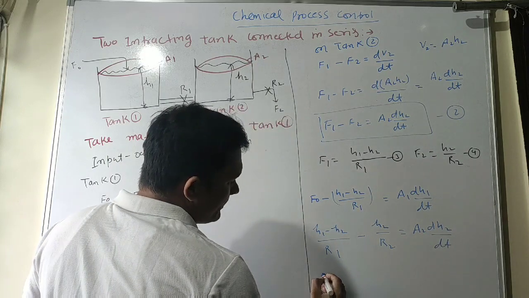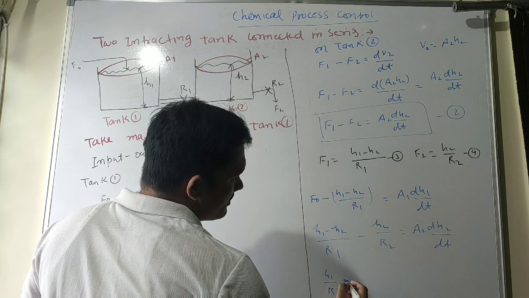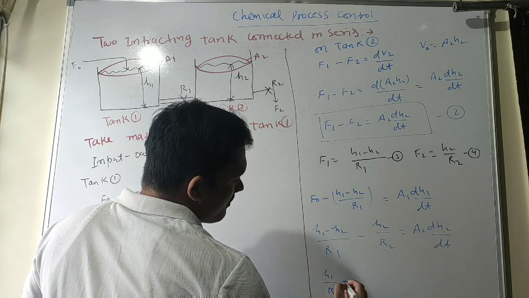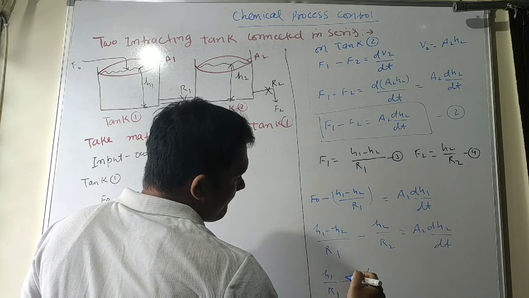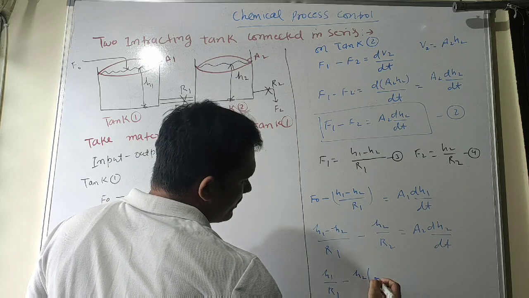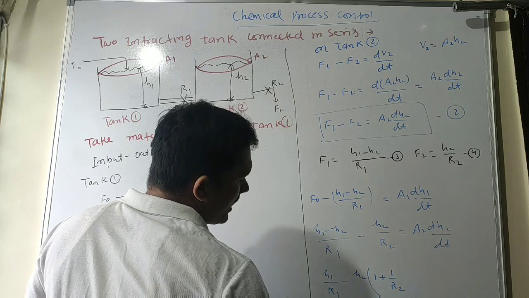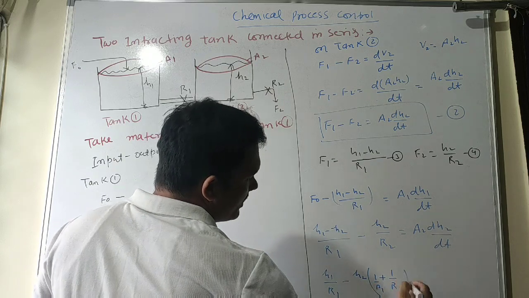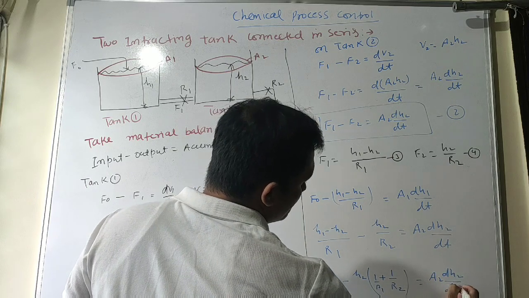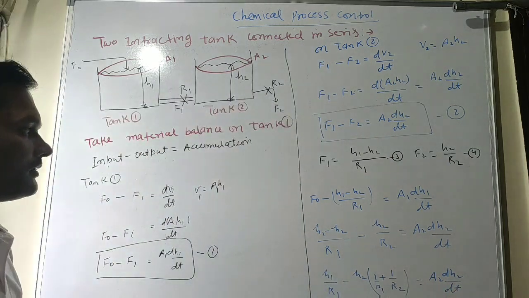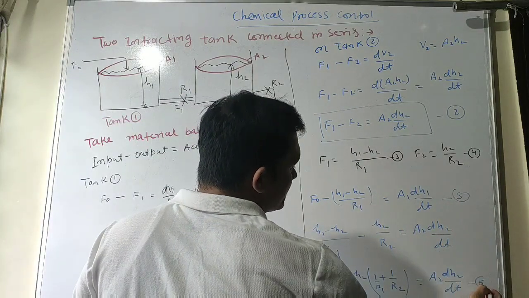On simplifying, we will get H1 upon R1 minus H2, taking common 1 plus R1 upon R2, equal to A2 dH2 upon dt. So this is equation number 5 and 6.